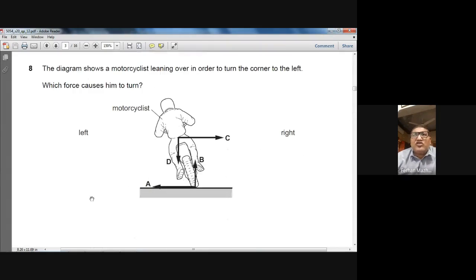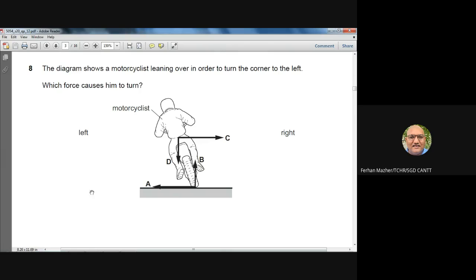Here the diagram shows the motorcyclist leaning over in order to turn the corner to the left. Which force causes him to turn? That is the centripetal force, and that force is always directed towards the center of that circle in which the motorcycle is turning. So because he's leaning in this way, he's probably turning in this way.